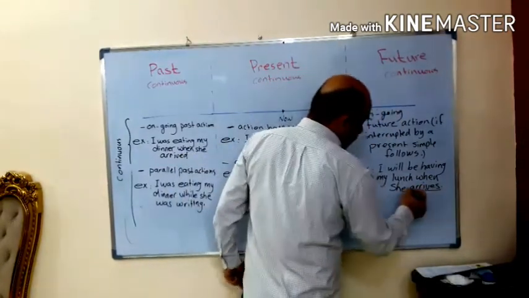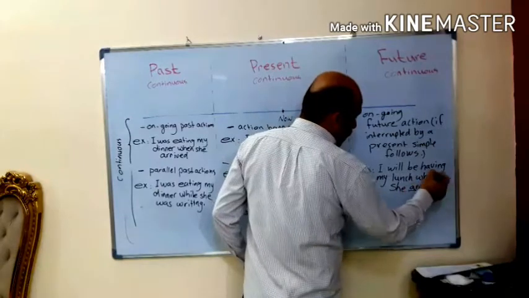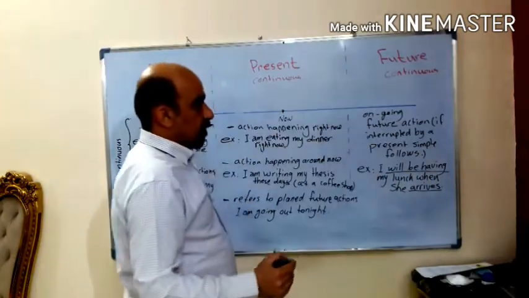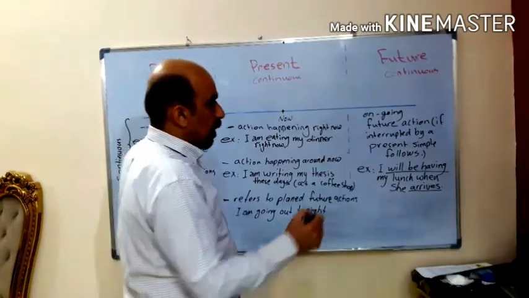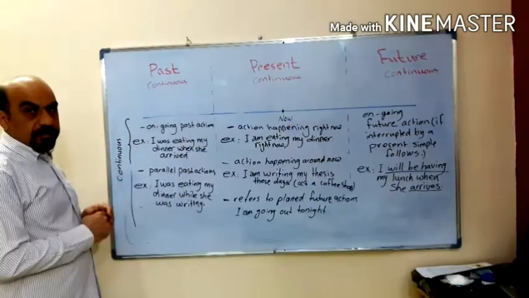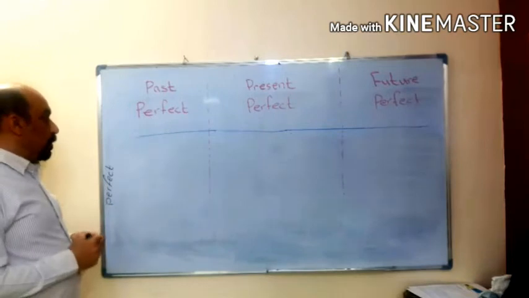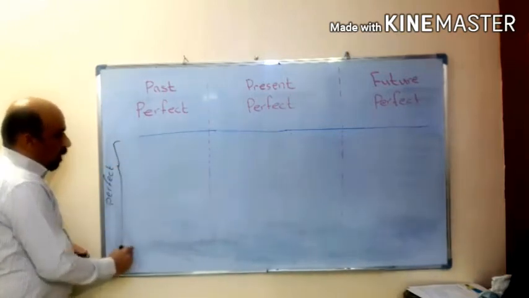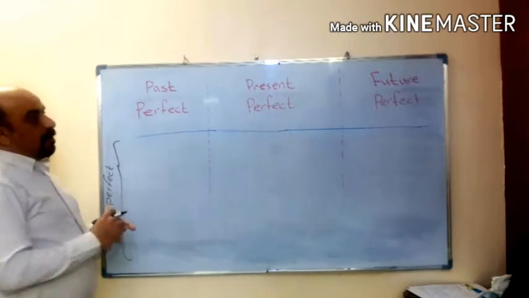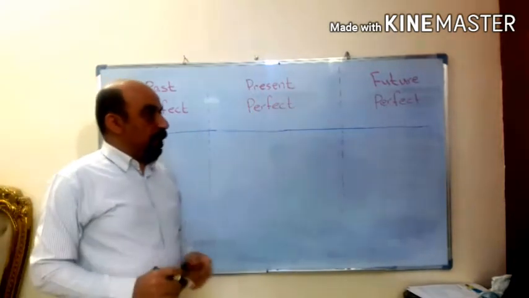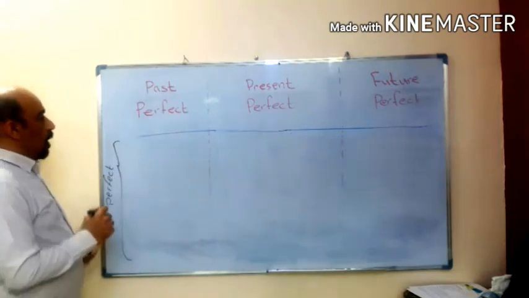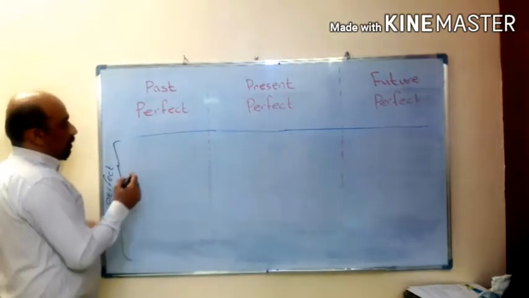Look, this is present simple and this is future continuous. Now we come to the perfect category: past perfect, present perfect, future perfect. Perfect means completed. I will start with past perfect.